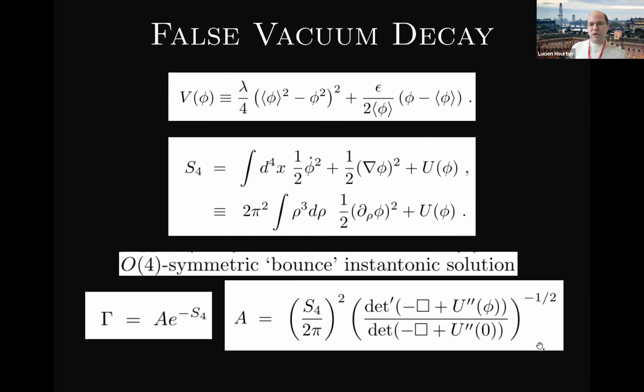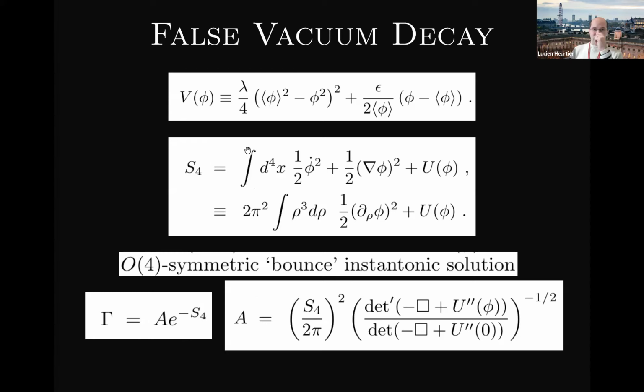And you may want to go and calculate the full decay rate of your metastable minimum by doing this kind of calculation. So there is a determinant calculation which is tricky, and there is this bounce action which is the easy part of the calculation.